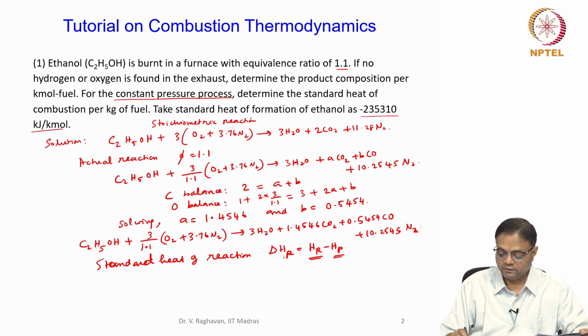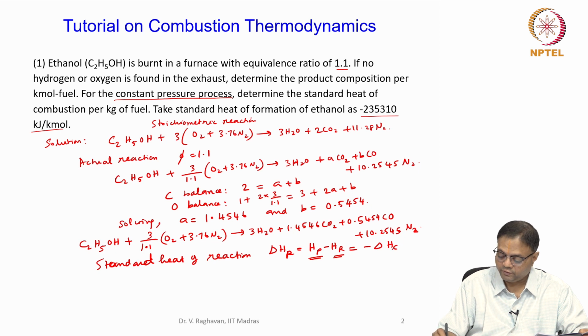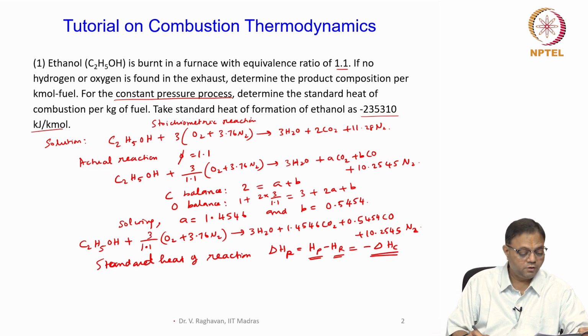So I can say delta H, the heat of reaction, is HR minus HP. Okay, actually this is HP minus HR, and this will be equal to minus of delta C, the negative of the heat of combustion.